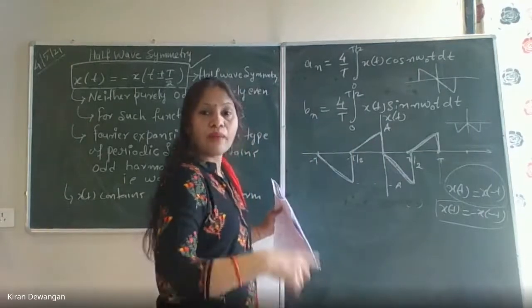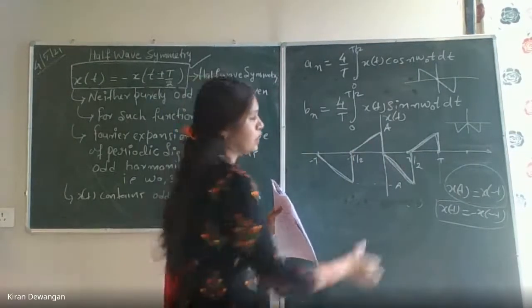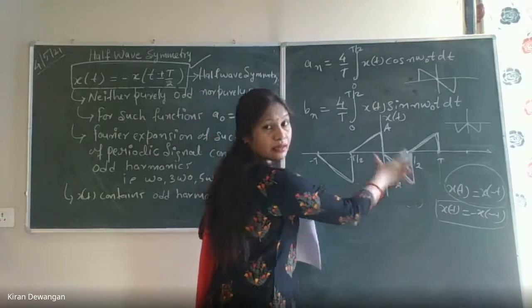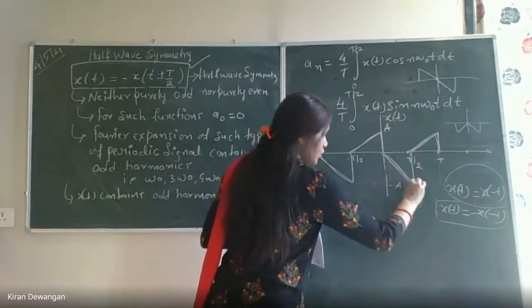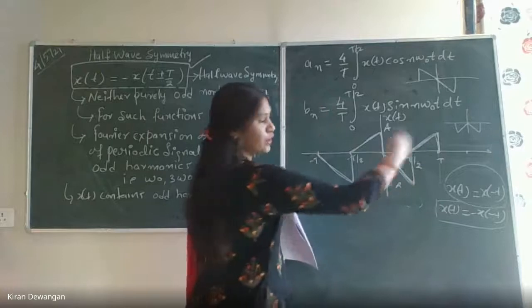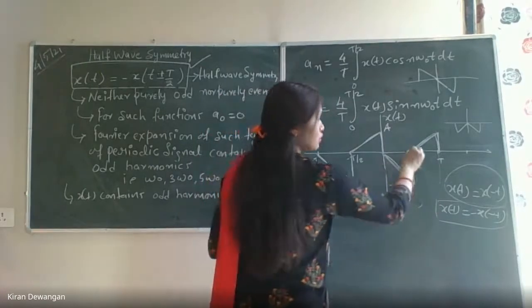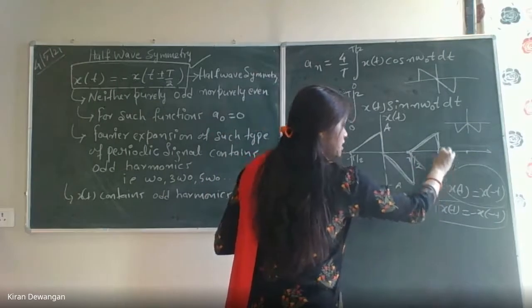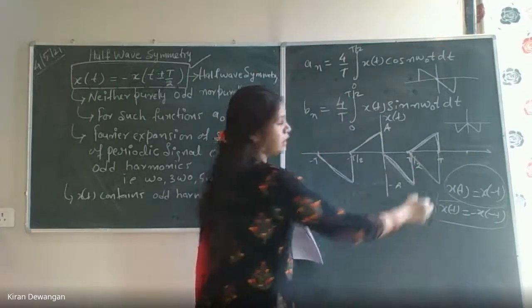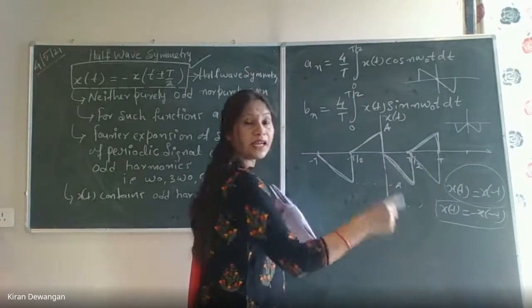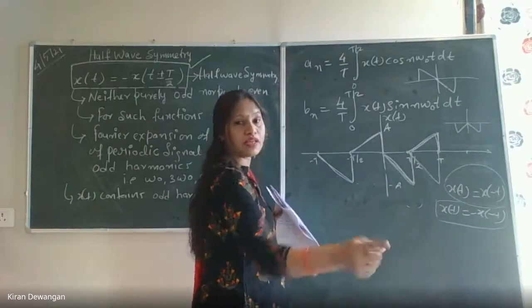Now I am shifting it by t by 2. Now let us take this part. Just be with me. I am taking only this part. I am shifting towards the right by a t by 2 factor. If I shift by t by 2, it will be at this plot, and I take it as minus of x of t plus t by 2.